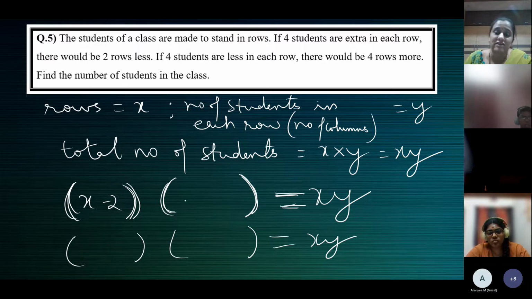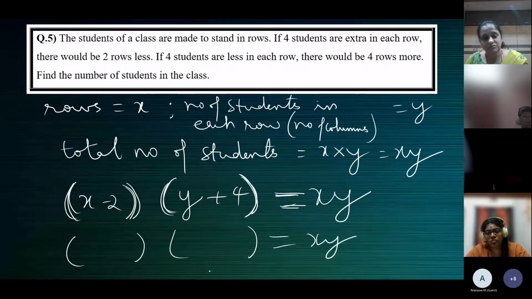How many students are there in each row? Y. There will be 4 students extra in each row, so the number of columns is increasing. The new number of rows into the new number of columns is equal to the same number of students, XY. That is the first equation.